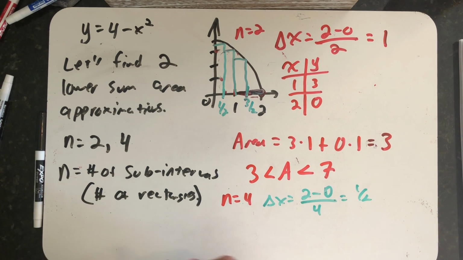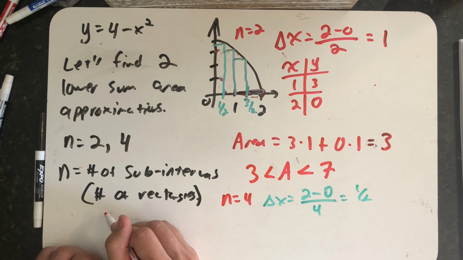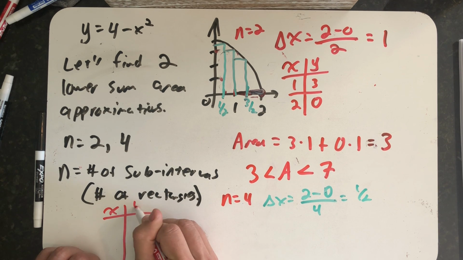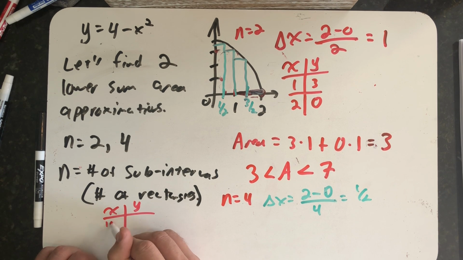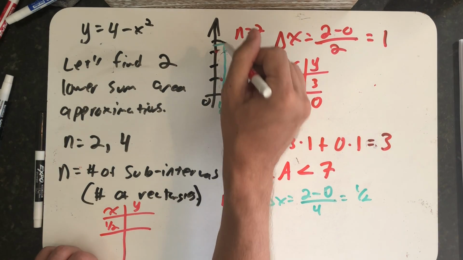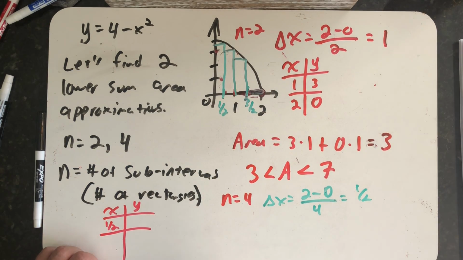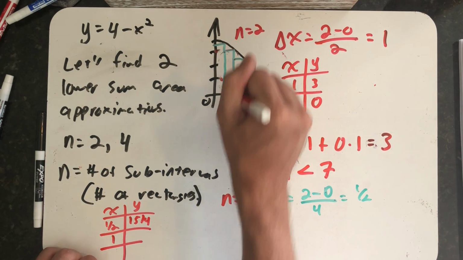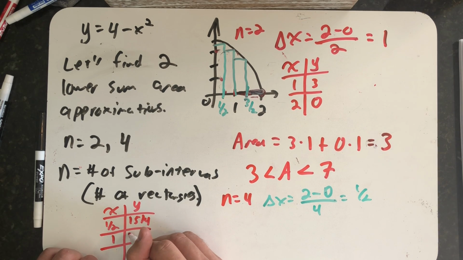All right, so x's and y's. My first rectangle, that low spot, corresponds to x equals 1/2. That's where I get out 15/4. The next one's height comes at x equals 1, where I get out 3.